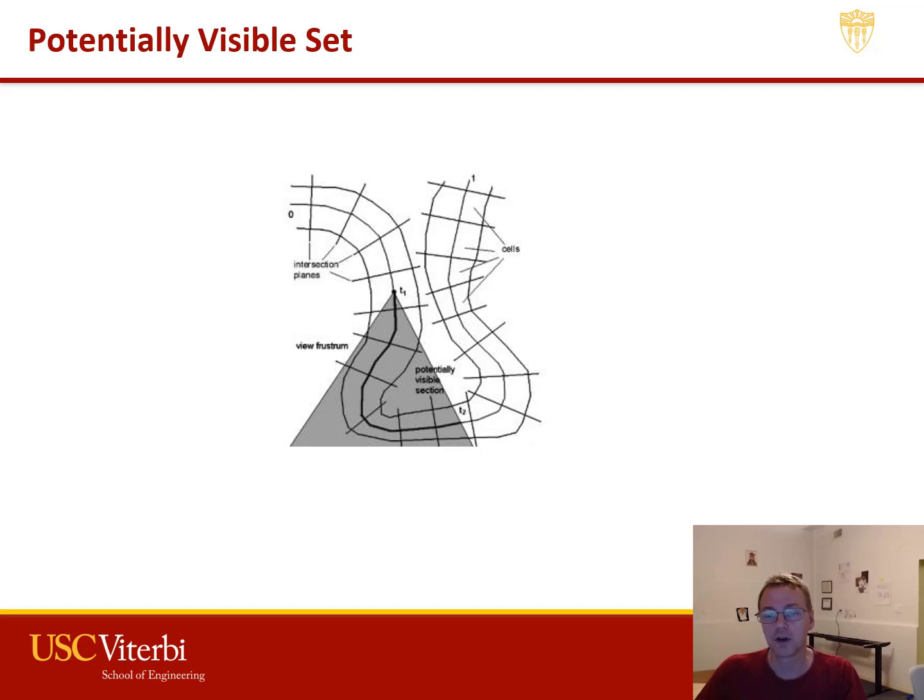And we'll say if you're in 5, then you can see 5, 6, 7, 8, 9, 10, and 11. And that's it. When it's time to render, we're only going to render those sections, and we're not going to do anything at all with those other sections. Okay, so that's a potentially visible set.